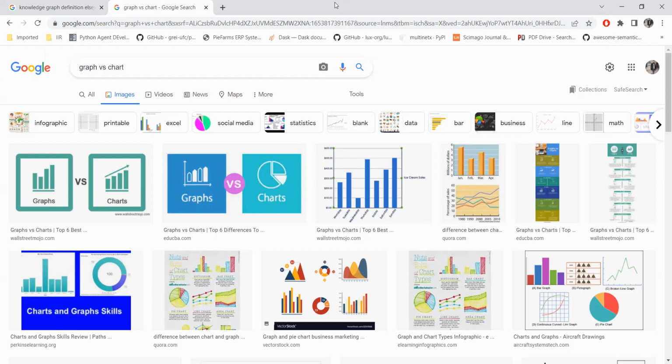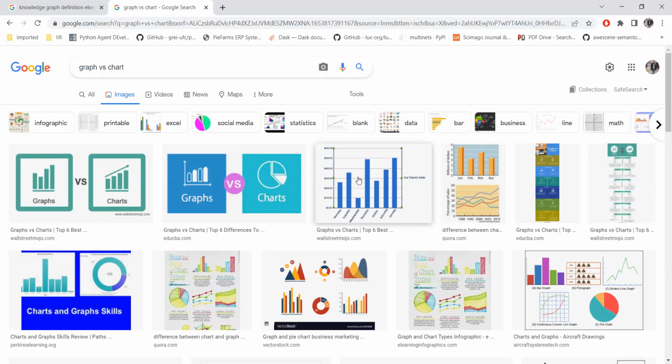What we normally, even I have seen professors, think of graphs as plots or charts. Graphs are not charts or plots. Like I have just opened some images. The image on which I am hovering is basically a chart.